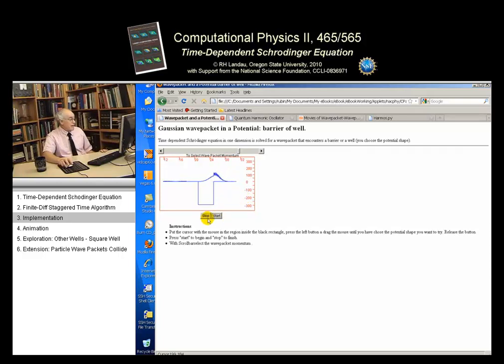If we stop this, the trick is, if you get the momentum and the wave packet depth just right, you can get half a wave function in the well exactly. It tends to get trapped.